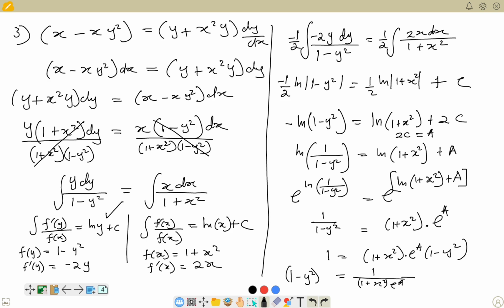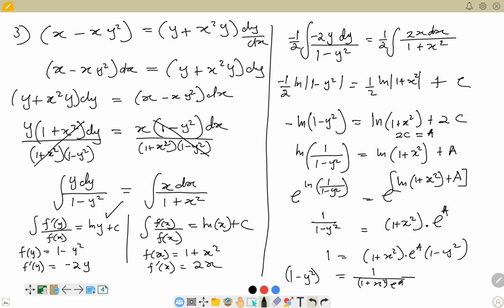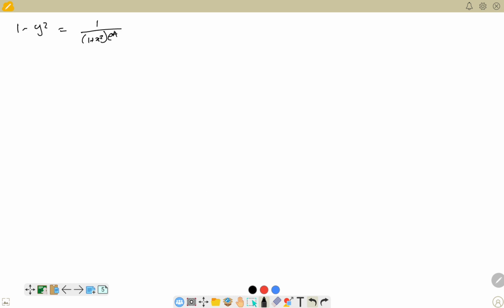So what can we do from here? If we're having 1 minus y squared is equal to x squared e to the power a, let me confirm if that is correct. Okay, it's fine like that.